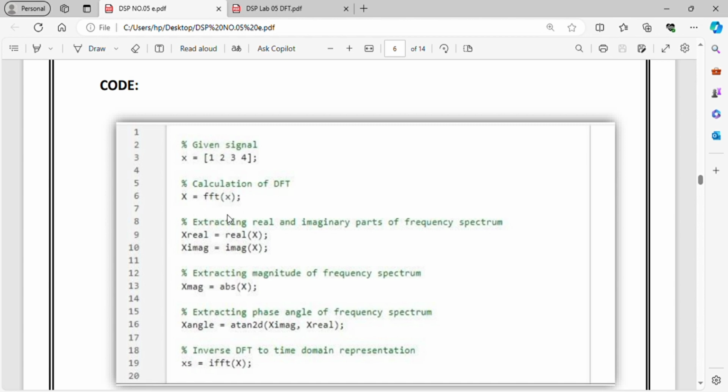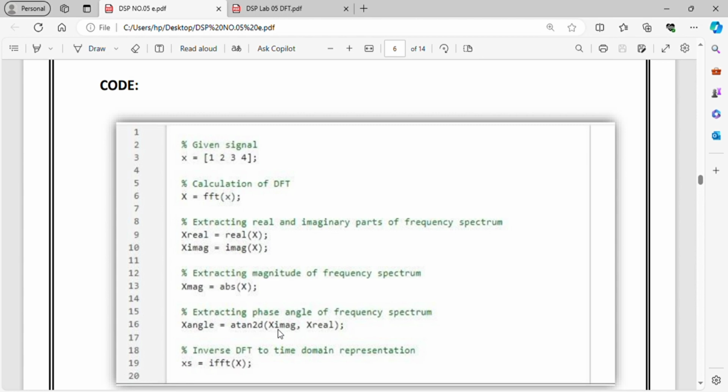X is equal to fft(x). Extracting the real and imaginary parts of the frequency spectrum: X real is equal to real(X) and X imaginary is equal to imag(X). Extracting the magnitude of the frequency spectrum: X magnitude is equal to abs(X). Extracting the phase angle of the frequency spectrum: X angle is equal to atan2(X imaginary, X real).